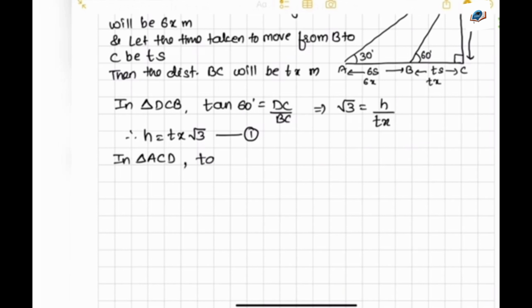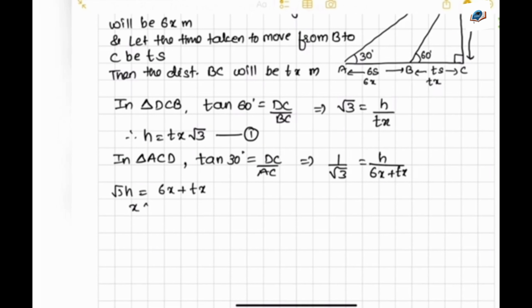Now, in triangle ACD, tan 30 will be DC upon AC. So, putting the values 1 by root 3 equal to h upon 6x plus tx. So, h will be 6x plus tx equal to root 3 h.